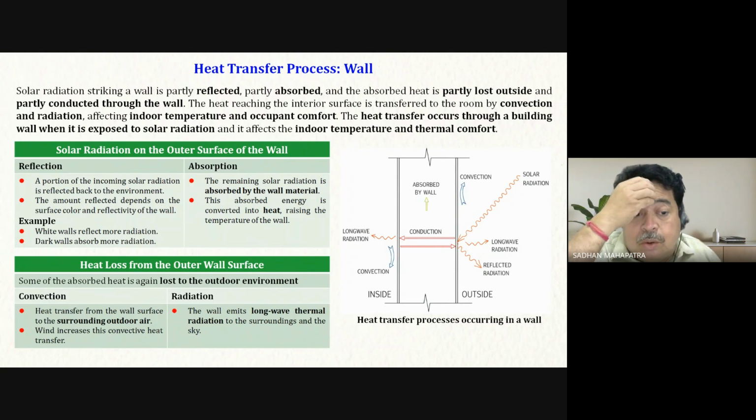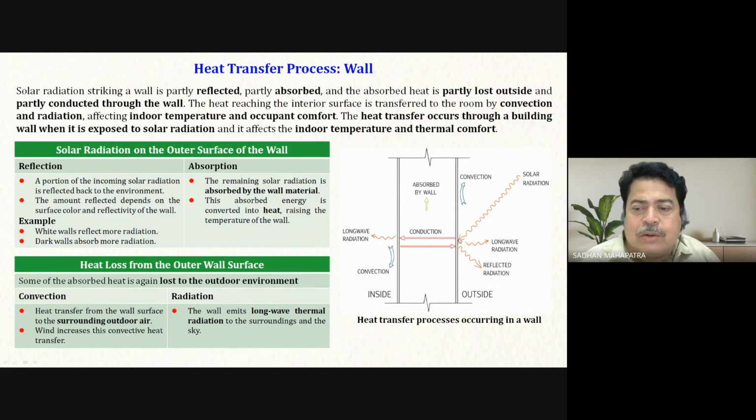When we discuss solar passive architecture, we say there are 5 design features. One is the absorber, the aperture. Here, the absorber, that is the building material, is very important. If it is a very polished surface, most of the radiation that comes will be reflected back.